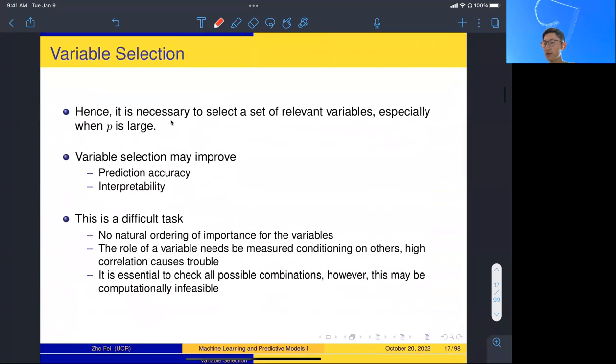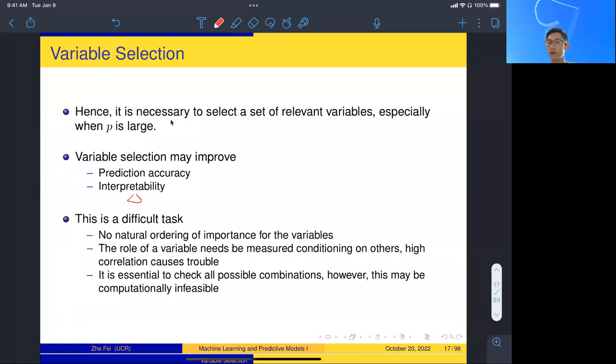So it is necessary to select a set of relevant variables, especially when P is large. Variable selection could improve prediction accuracy as well as the interpretability of your model. Because if you have a model of 100 predictors, it is hard to interpret the effects of all those 100 predictors.